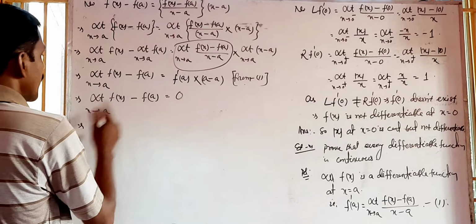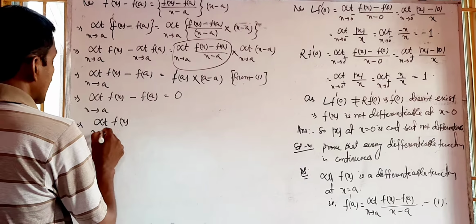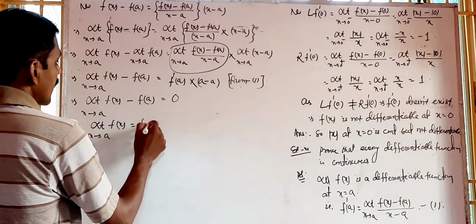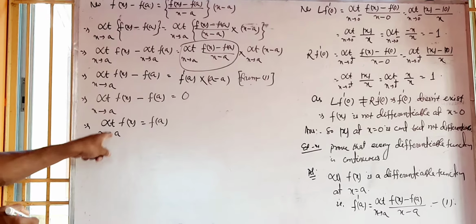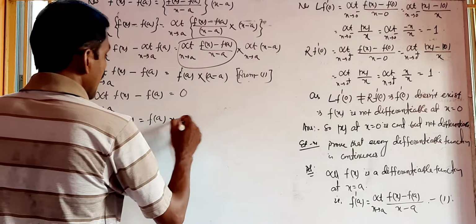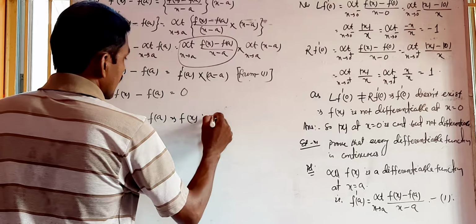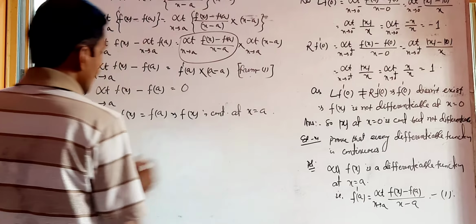That means if you take this to the right hand side, what will we get? Limit of f of x as x tends to a equals f of a, and this is the condition for continuity. The limit at the given point and the value of the function at the point are equal. So this implies f of x is continuous at x equal to a.